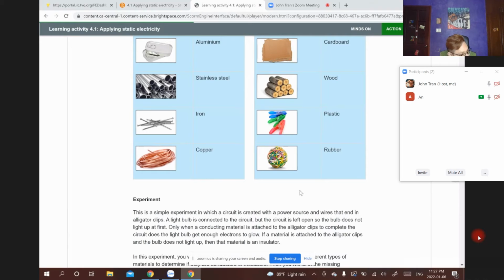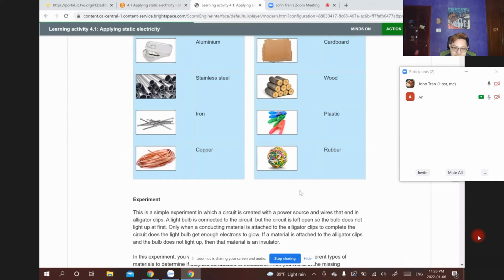A light bulb is connected to the circuit, and the circuit is left open, so the bulb does not light up at first.